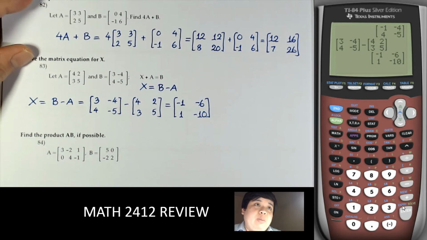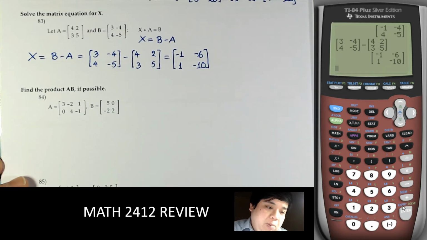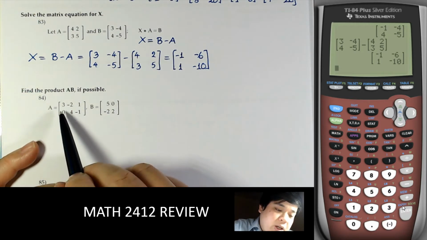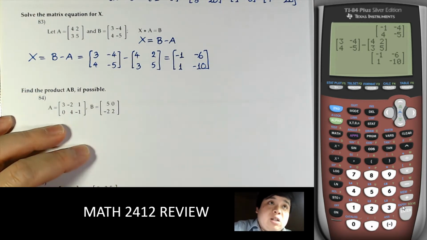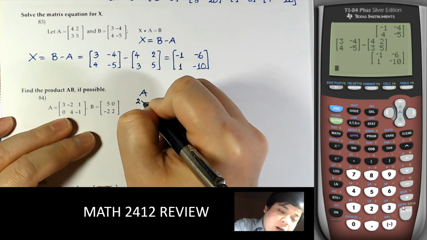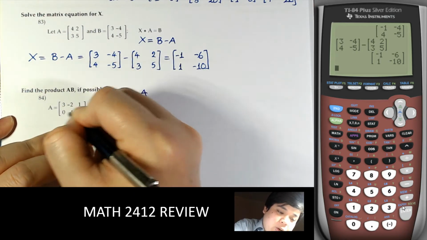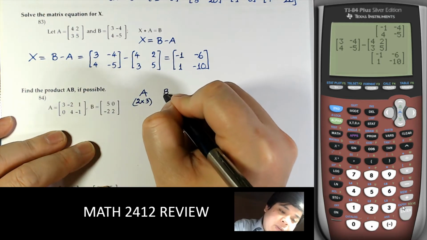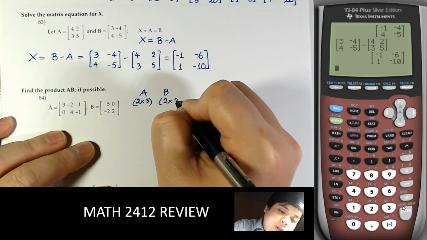Next we have the matrix multiplication. Matrix multiplication is a little more complicated. We just need to make sure that first is the dimension. So the matrix A is 2 rows, 3 columns. The matrix B is 2 by 2.